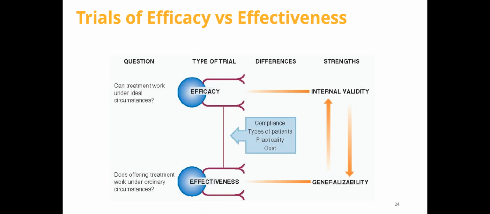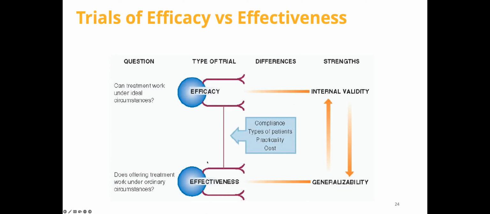And it's not necessarily the most ideal controlled setting as compared to a clinical trial of efficacy. So there's a little bit more generalizability of the study findings in an effectiveness trial, but in an efficacy trial, because it's such a controlled environment, the internal validity of that particular study might be better.